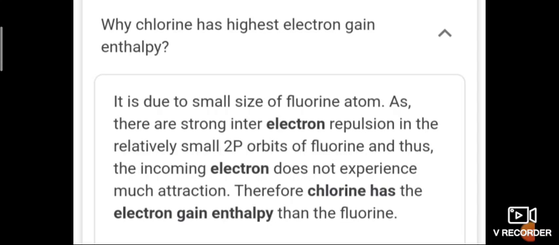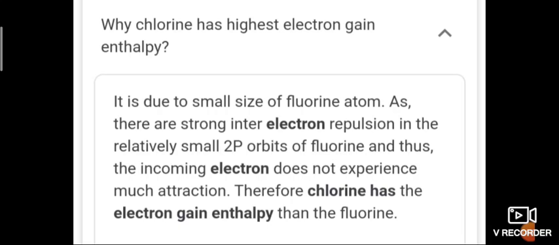Why does chlorine have the highest electron gain enthalpy? Look at this, fluorine and chlorine. Both have 7 electrons in the outermost shell, but chlorine has one more shell than fluorine.